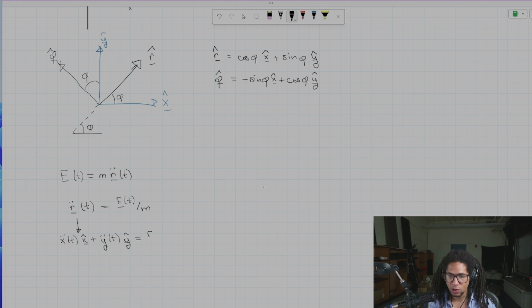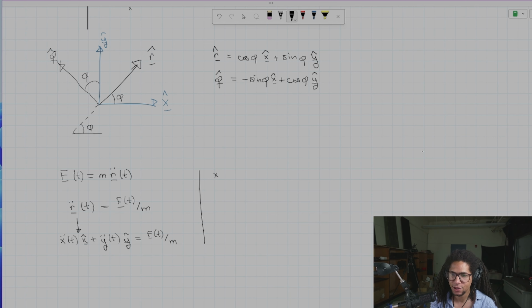And this will equal f of t over m. Great. All right, so now I'm going to figure out what x double dot is in terms of r double dot, r dot, phi dot, and phi double dot. So let's do that over here.